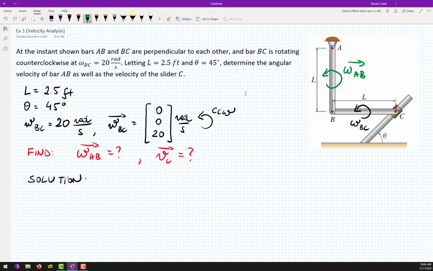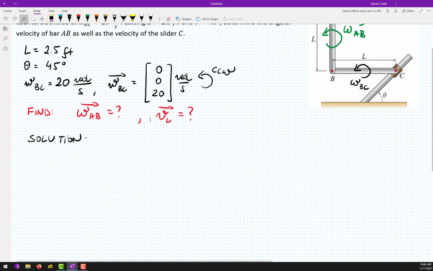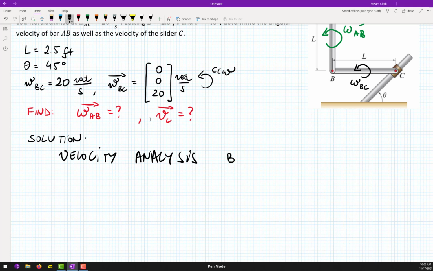So let's do our velocity analysis approach. First of all, I would write velocity analysis between points B and A. I will write VB is equal to VA plus omega of a certain body times RBA.